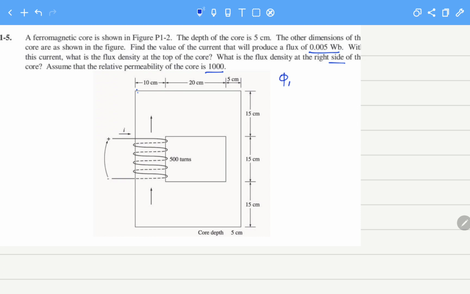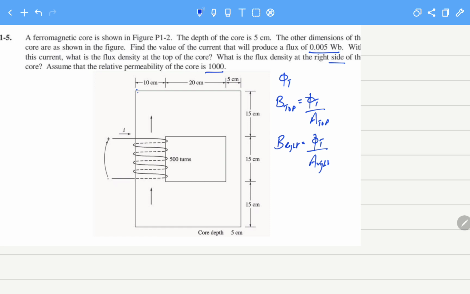If we know the total flux, then we can calculate the flux density in the top, that is flux total divided by area of the top, and on the right side it will be the flux total divided by the area at the right side.